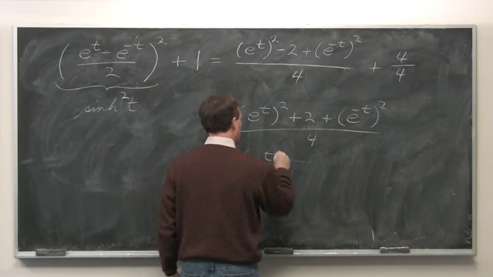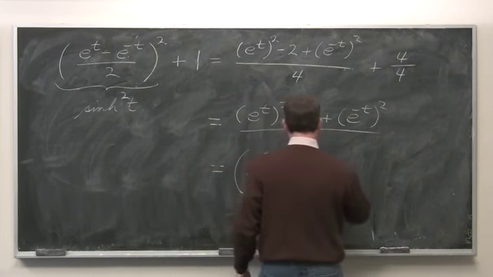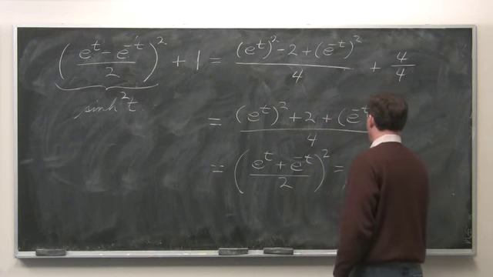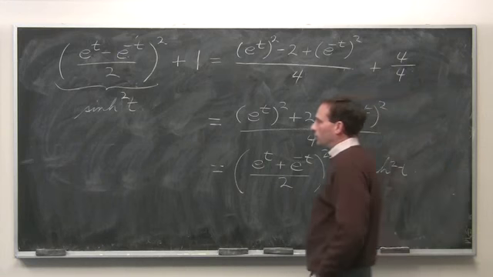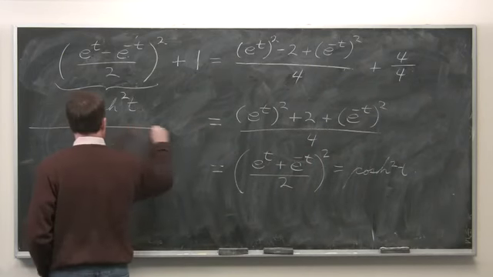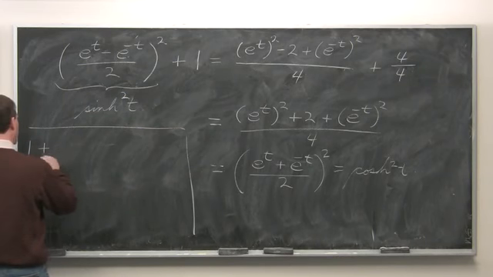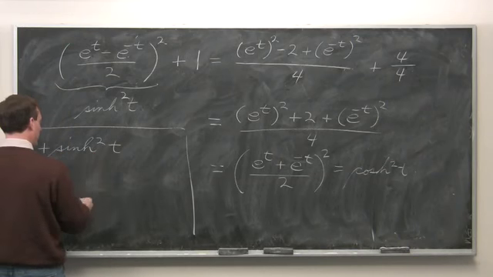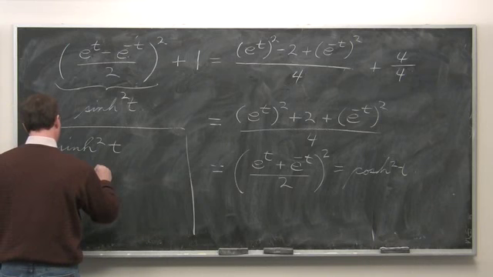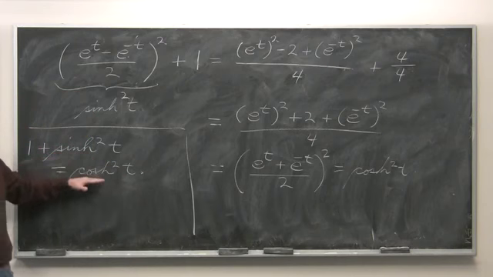This is e to the t plus e to the minus t over 2, quantity squared. But that's hyperbolic cosine squared. So this is the fundamental hyperbolic trig identity, maybe I'll write it in a different order: 1 plus hyperbolic sine squared of t, or put any variable there, x, q, banana, Fred. 1 plus sinh squared equals cosh squared.